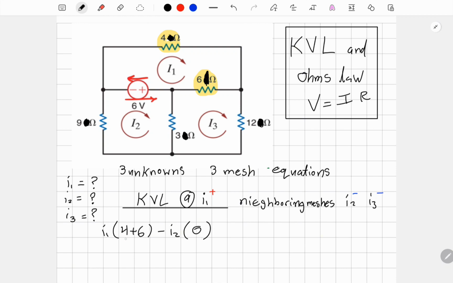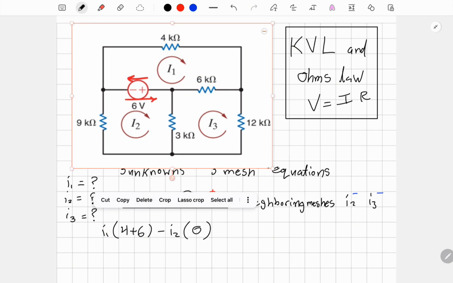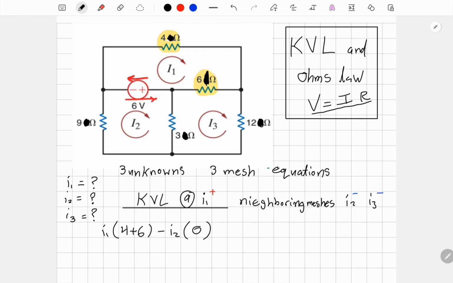If you're wondering why we're just writing the resistors normally, well, we want voltages, KVL. KVL involves voltages, and we need V equals IR, which we have as Ohm's law. So we're multiplying currents and resistors, which in turn gives you voltage, because I times R. So I1 times 10, which was our total resistance, gives us voltage.